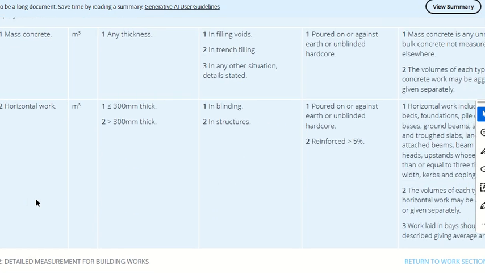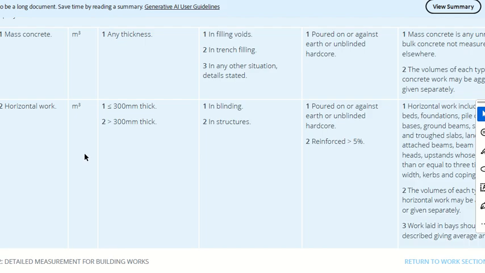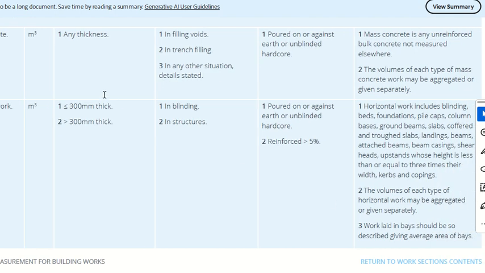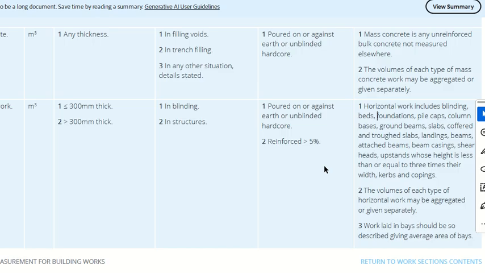Then I look here and I will see what is my level description. Which level am I talking about? Am I doing mass concrete or horizontal work or something else? I am doing foundation, right? Foundation is not written here, so I will go to the notes and see where foundation is. You can see foundation is here, so I'm looking into this row.